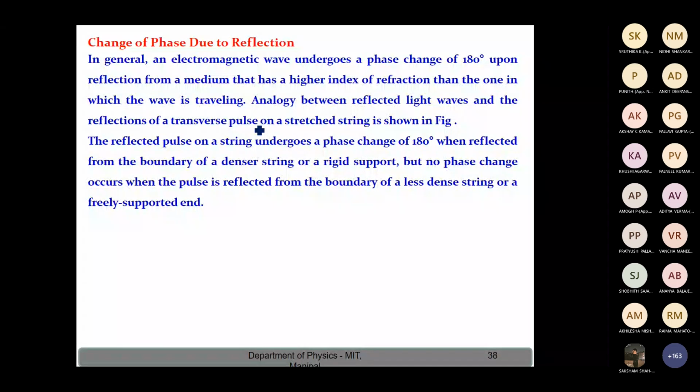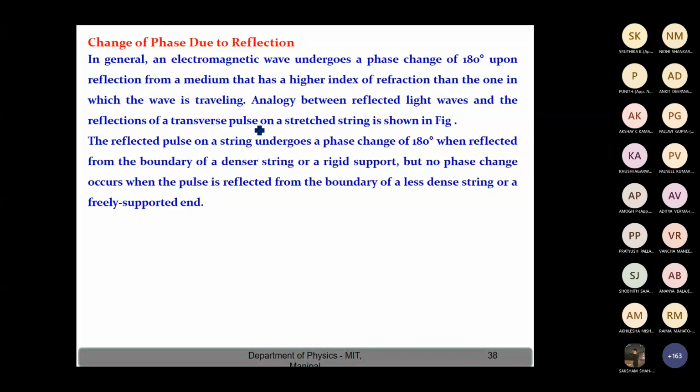So before the break, I will discuss one of the topics, that is change of phase due to reflection. In general, an electromagnetic wave undergoes a phase change of 180 degrees upon reflection from a medium that has a higher index of refraction than the one in which the wave is traveling.